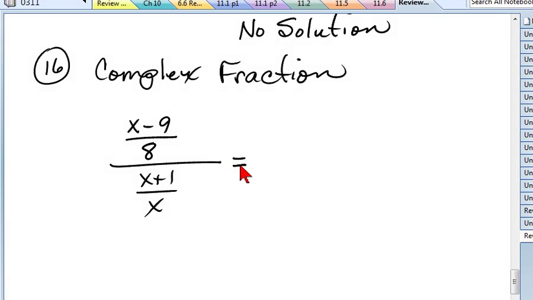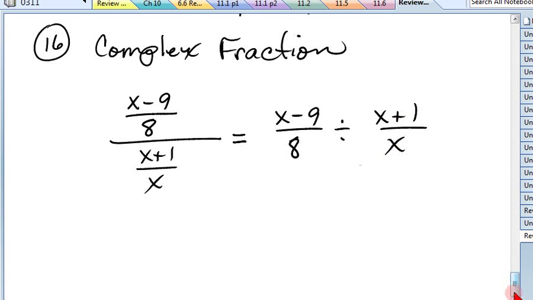This was, to me, the easier kind. This is the one you write as the division problem. This is x minus 9 over 8 divided by x plus 1 over x. Keep, change, flip. x minus 9 over 8 times x over x plus 1.